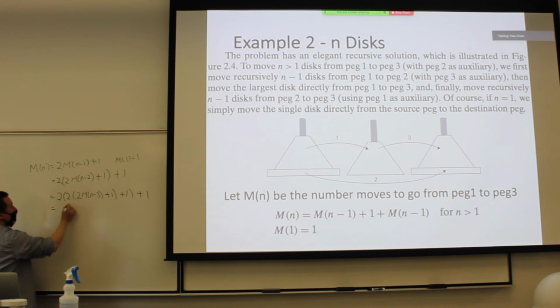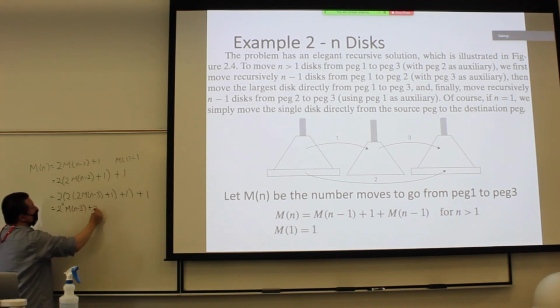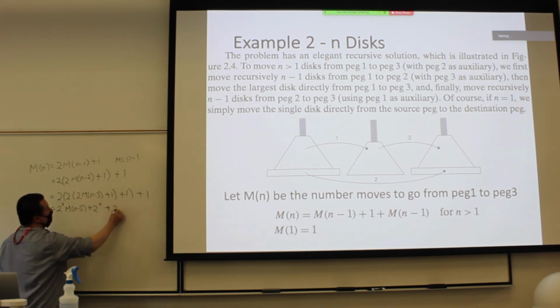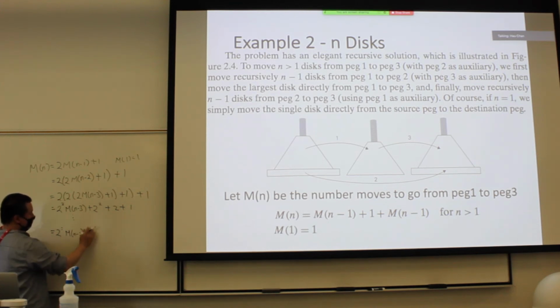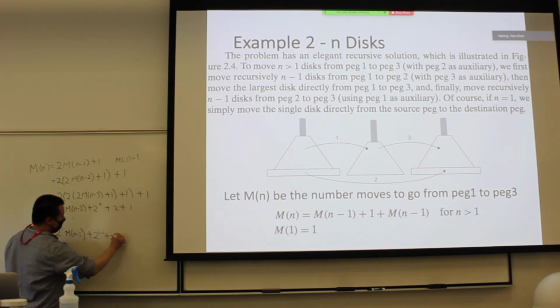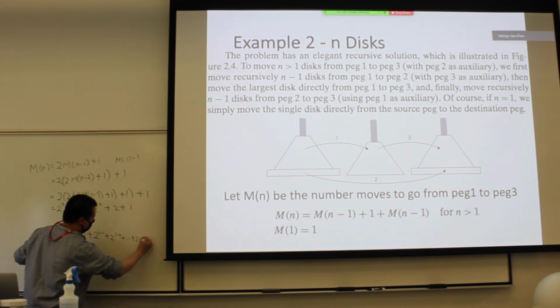If we simplify everything, we get 2 squared times M of n minus 3, plus 2, plus 1. So you're going to keep doing this. You're going to get a term like 2 to the i times M of n minus i, plus 2 to the i minus 1, plus 2 to the i minus 2, and so on down to plus 2 plus 1.